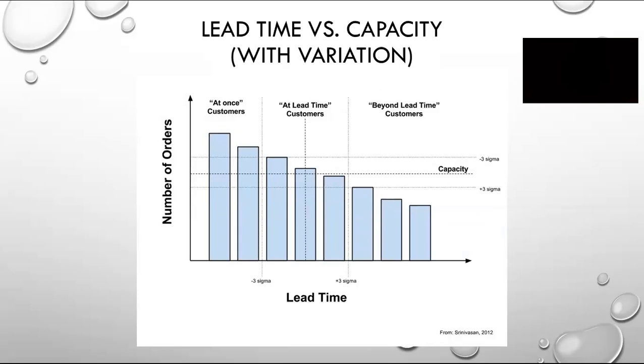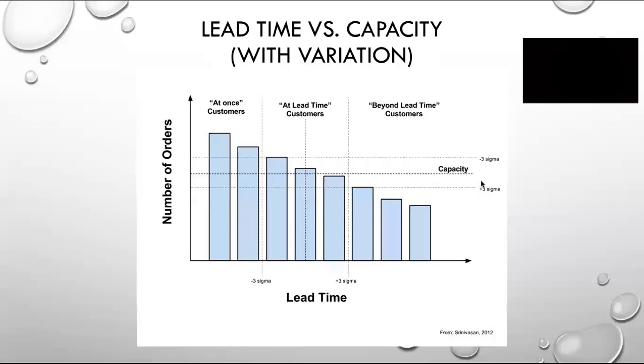Now, one of the questions you're going to see is, is it better to have reduced variation in lead time or have a lower lead time? In general, I'm going to try not to answer the question for you, but if you look at how the customer service level is affected, the greater the sigma, let me just turn on my drawing here.